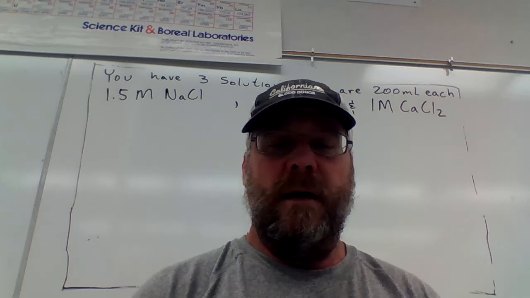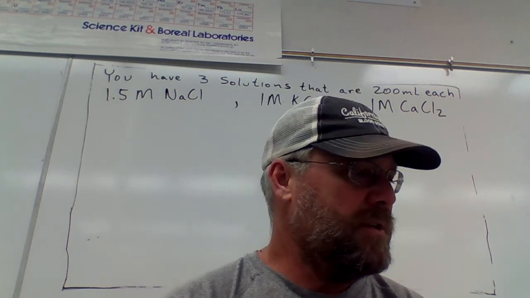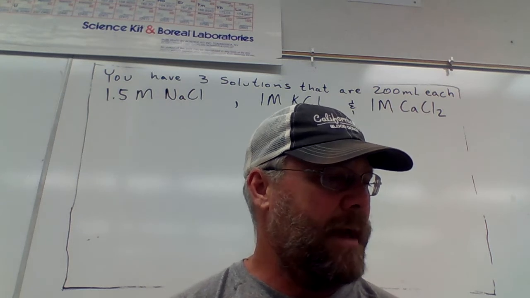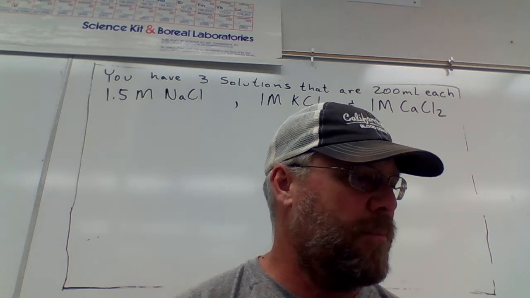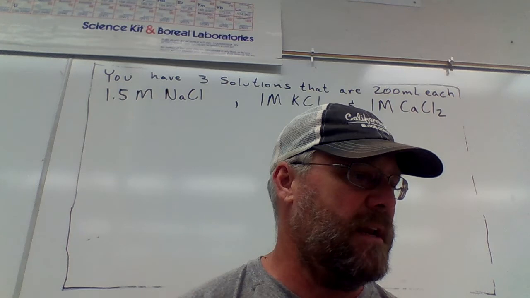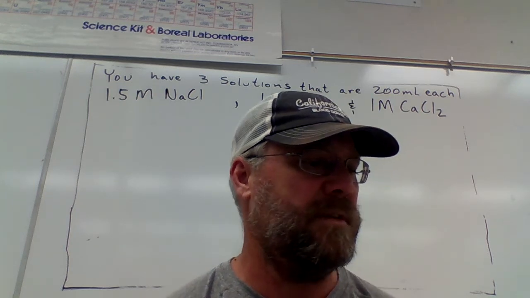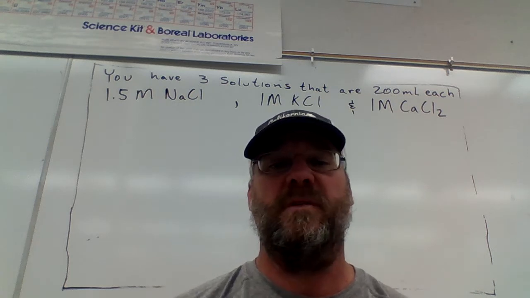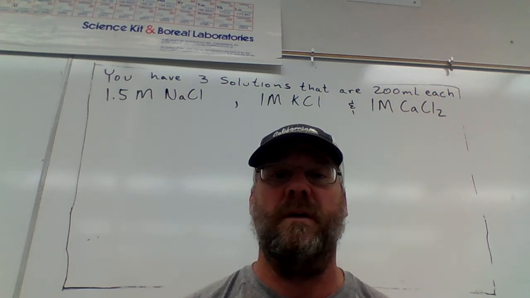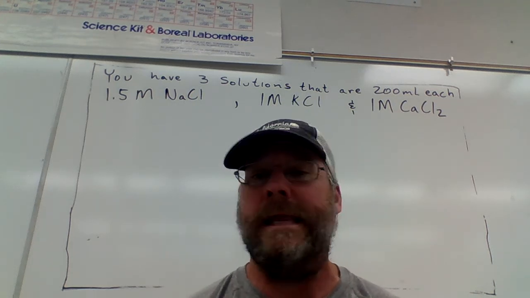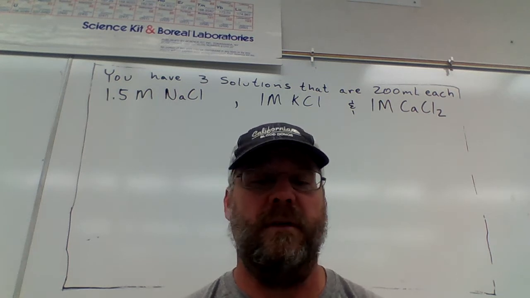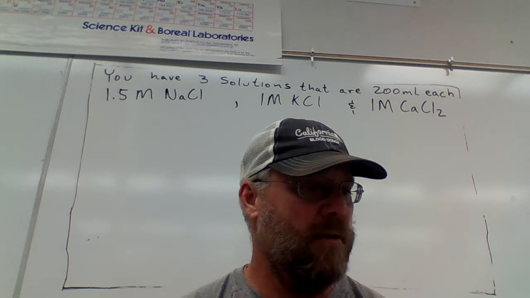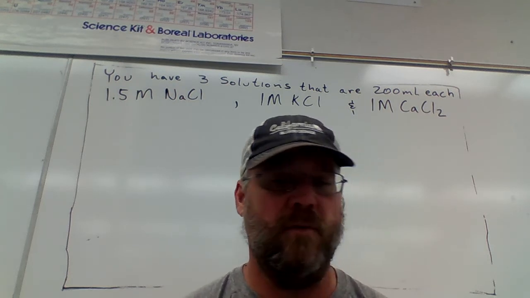Then there were some questions like, as we go through this chapter, if you had 10 grams of copper sulfate versus 10 grams of sodium hydroxide versus 10 grams of potassium chloride put into a solution, which one would give you the highest molarity? And again, you'd have to go back and look at the molar mass of copper sulfate, of sodium hydroxide, and potassium chloride.